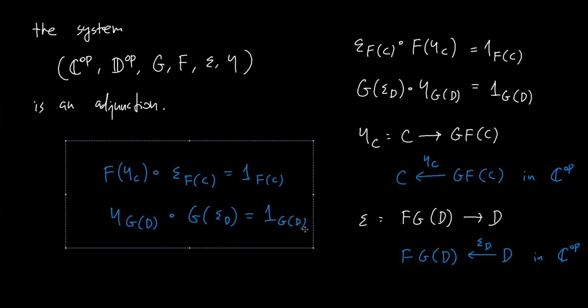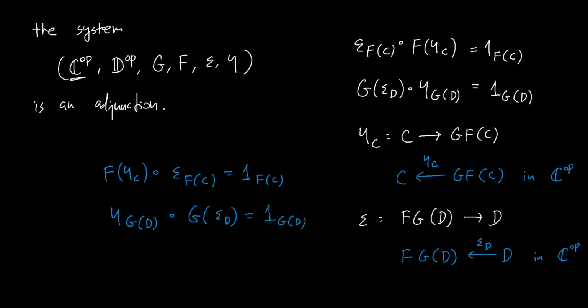So we get some new concept, right? It seems to be a new concept. So now the functors run between the categories C op and D op. We've got these transformations in C op, and the other one actually is in D op, right? The other arrow.